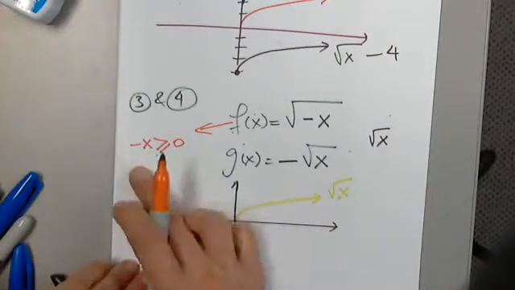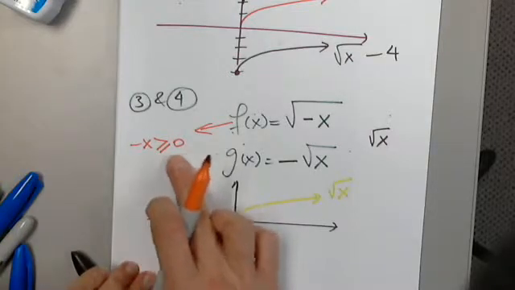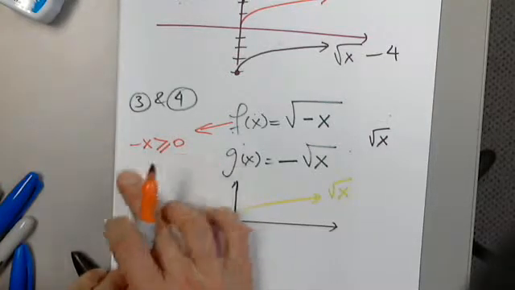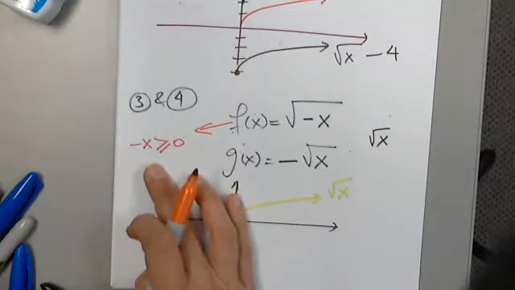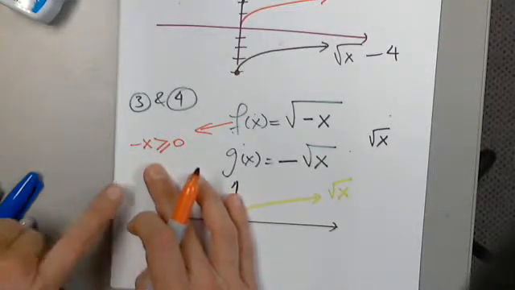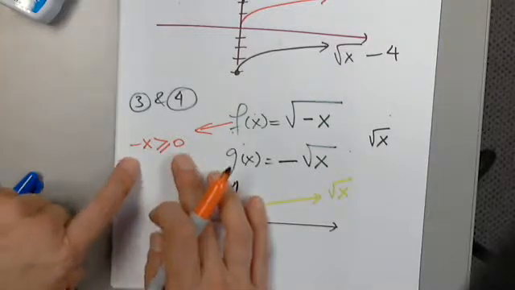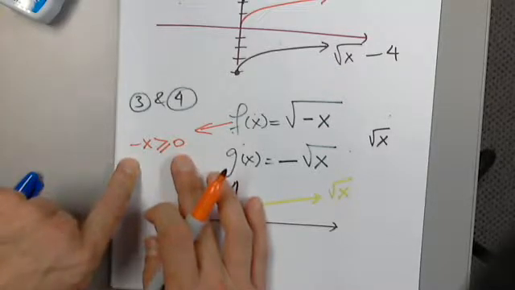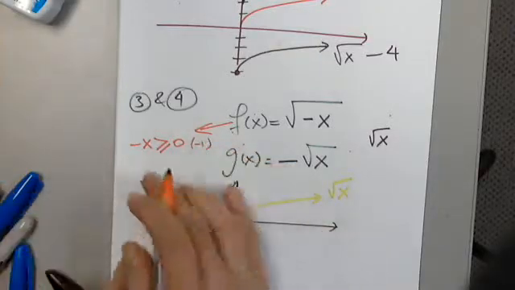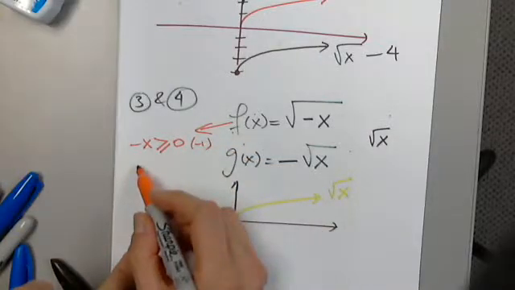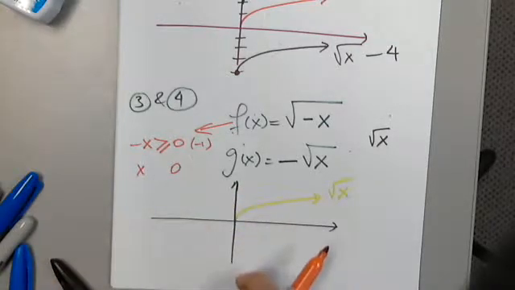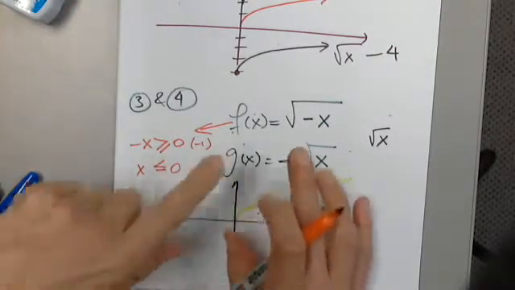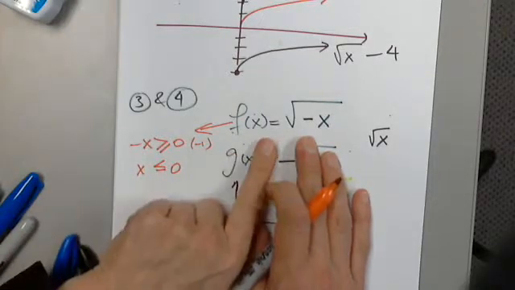Okay, good. So how do I solve this inequality? What do I have to do? Multiply or divide by negative 1. The left-hand side is? The right-hand side is? Okay, now let's think. Very good. So what would be the domain again of this function?